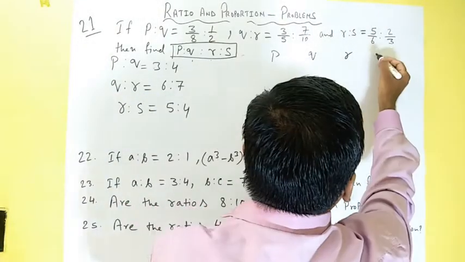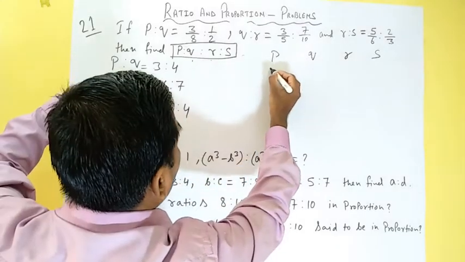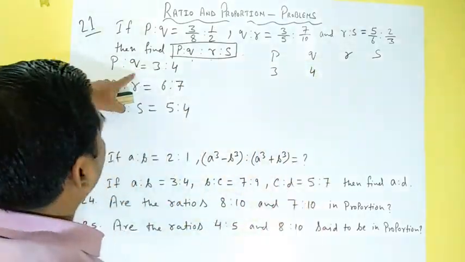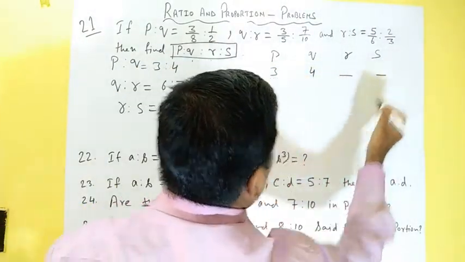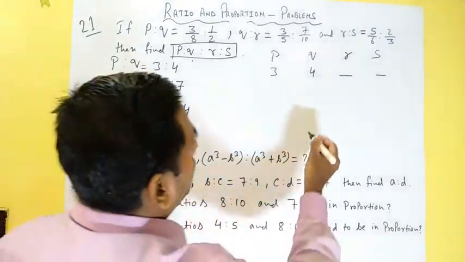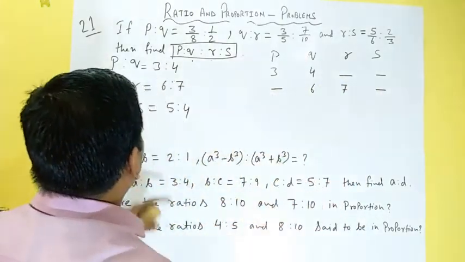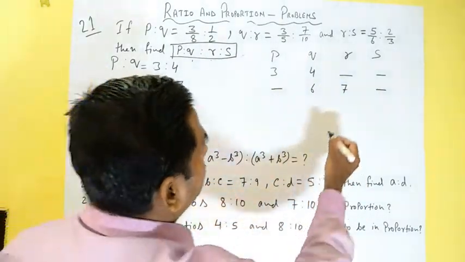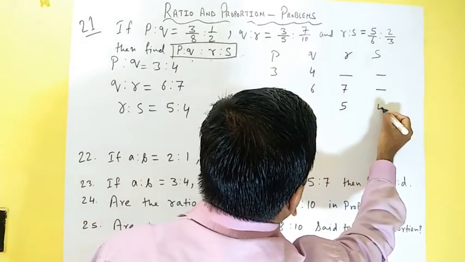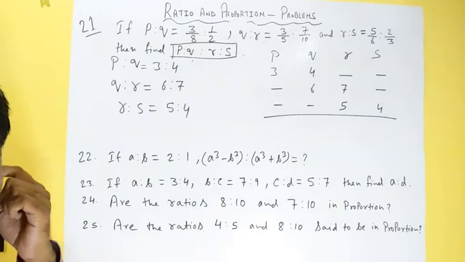Okay. And then P is to Q, 3 is to 4 given. So we will write 3, 4. And these two are blank. Q, R are 6, 7. So Q is 6, R is 7. These two are blank. And RS is 5, 4. So this is 5, this is 4. These two are blank.